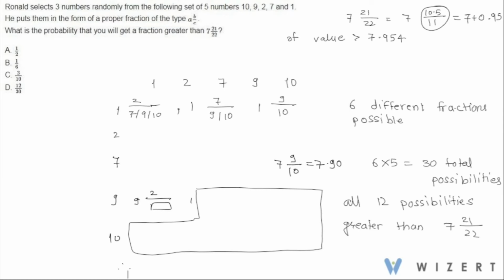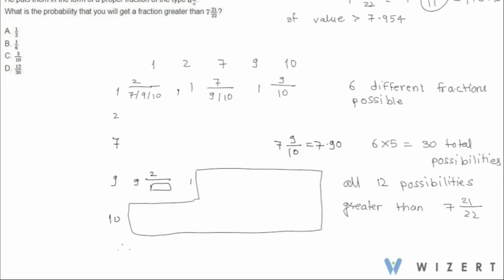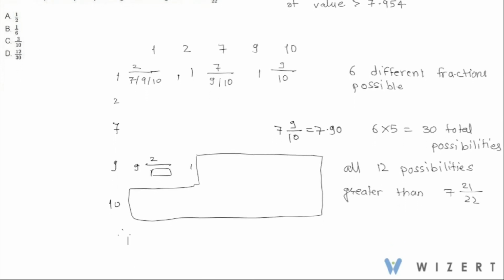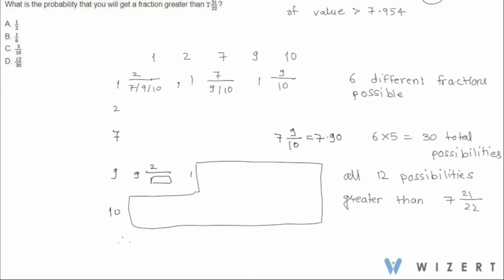Therefore, we can say probability of that fraction to be greater than 7 integer 21 by 22 is 12 by 30.